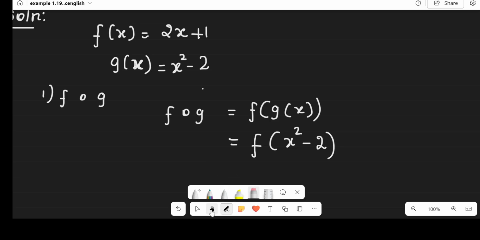Now we are going to apply the second rule. Just consider this is f, this is x. In this formula, we are going to replace x with this x square minus 2. That's it.